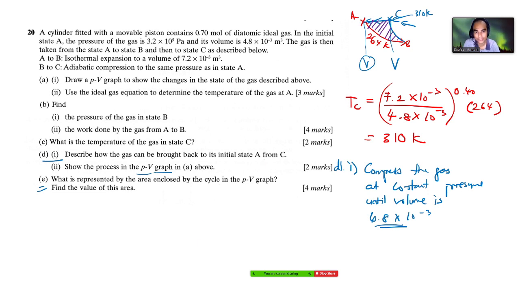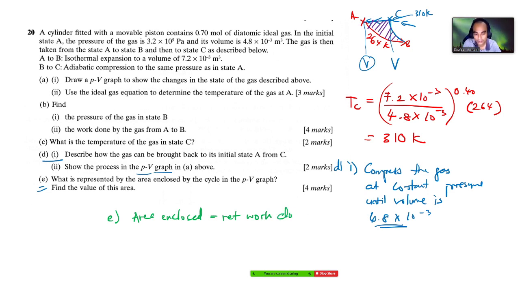Actually, the area enclosed is the net work. Net work is not work; it's net work, meaning plus and minus all the works or all the things we have done. This is the net of it.